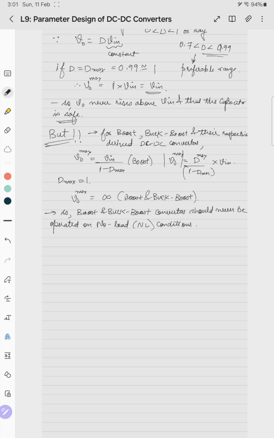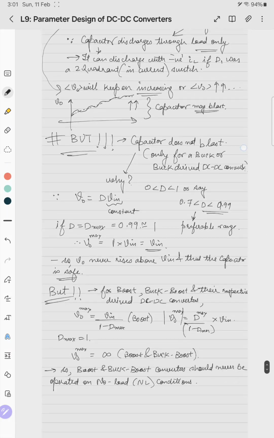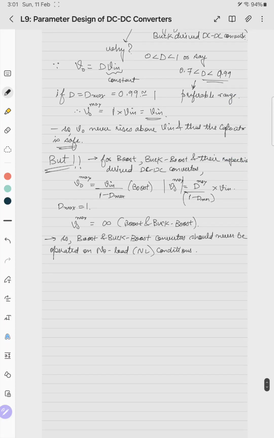For your Dmax for a particular application, select what should be the V0 max, and the rating of the electrolytic capacitor at the output should be at least greater than that V0 max voltage, so that the capacitor is safe. So that's why the analysis of no load is necessary for designing DC-DC converters. Here we saw that we can find the minimum load. So these converters operate on some minimum load.